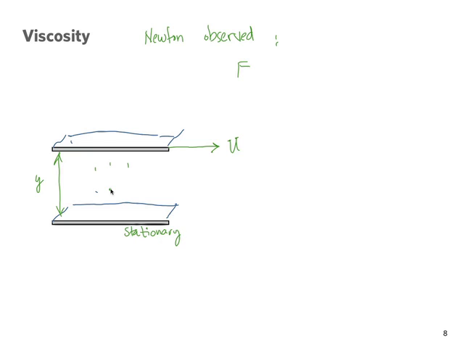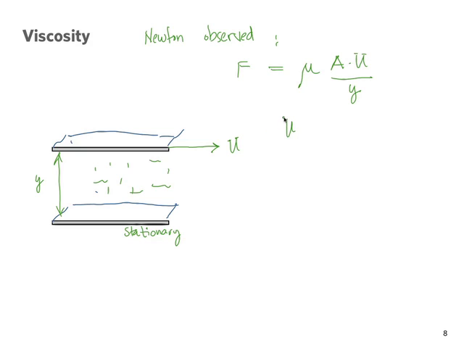this fluid in between the two plates everywhere, the force is equal to viscosity of the fluid times the area multiplied by the velocity and divided by the distance between the two plates.